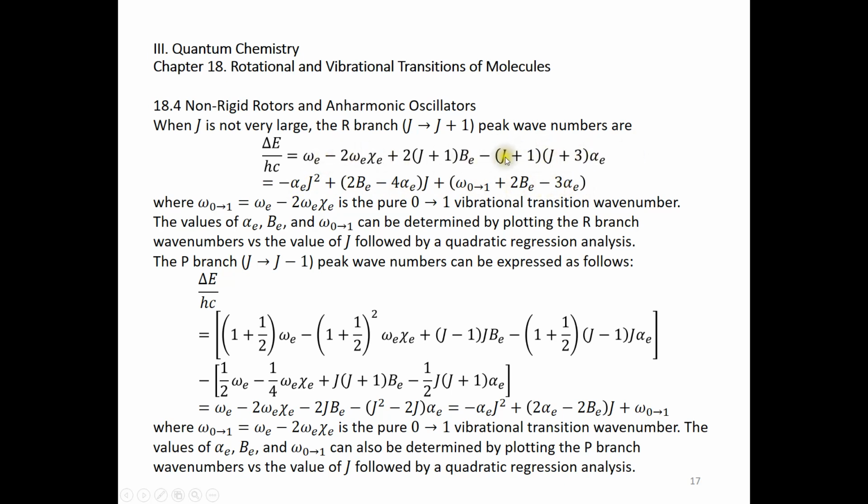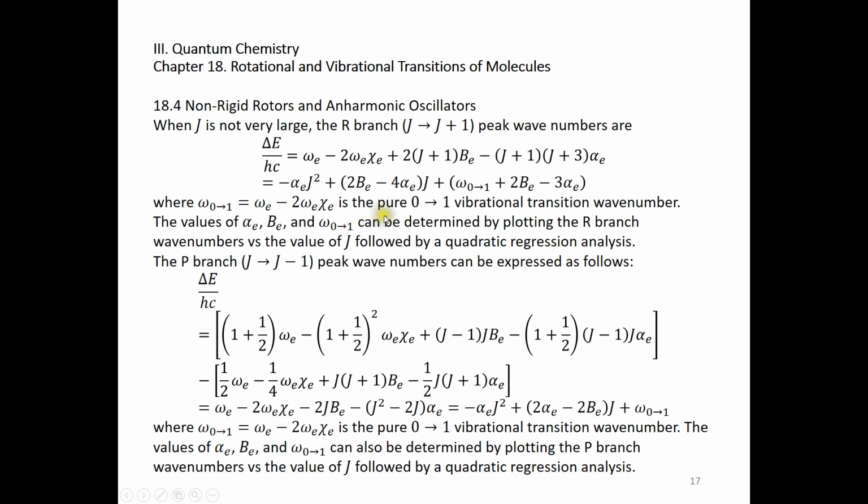This is just J plus 1 times J plus 3. I think you'll get J squared plus 4J plus 3, and then you just expand everything and you group the J squared term, you group the J term, and you group all the terms that do not contain J at all.